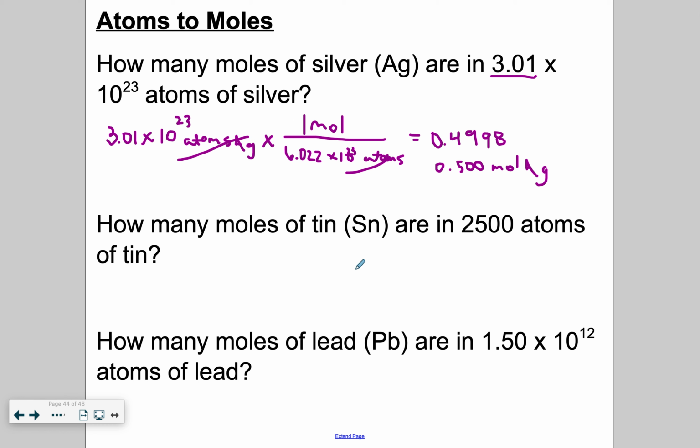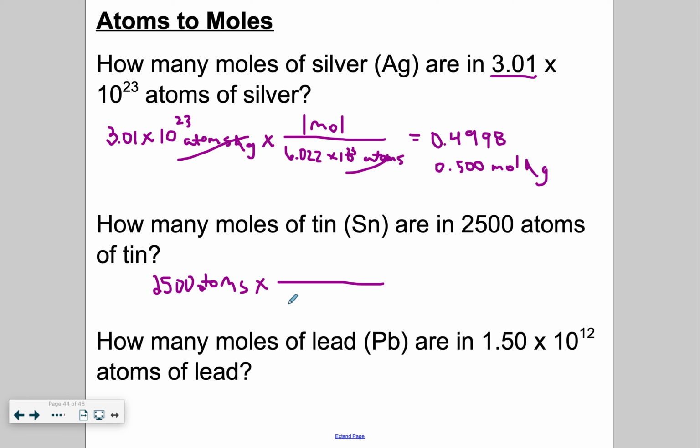How many moles of tin are in 2,500 atoms of tin? So not a lot of atoms here. Start with what you're given. 2,500 atoms. Set up my conversion.